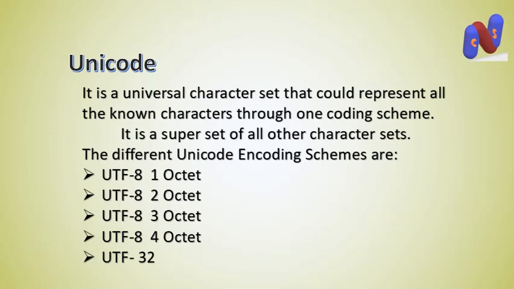For your knowledge, in UTF-8 1 octet we represent data with the help of 8 bits. In UTF-8 2 octet we represent data with 16 bits. In UTF-8 3 octet we use 24 bits, and in UTF-8 4 octet we use 32 bits.